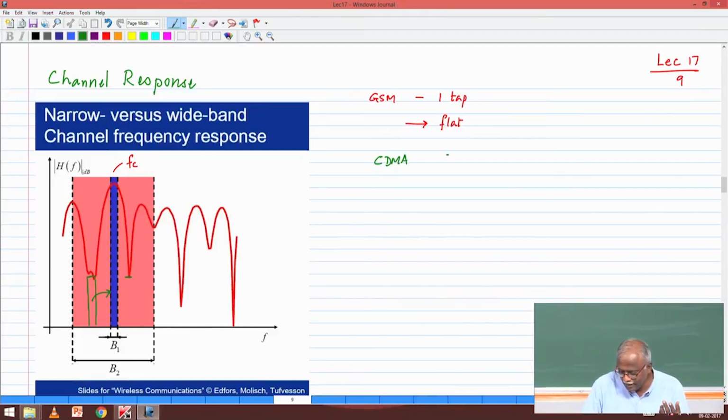Now, remember the CDMA system. CDMA system has a 5 megahertz bandwidth. So obviously it will see a different channel in terms of the time resolvability, because it's got much wider bandwidth and therefore much higher resolution. So as far as the CDMA is concerned, it says it's not a flat channel, definitely not. There is a lot of variation in the channel.